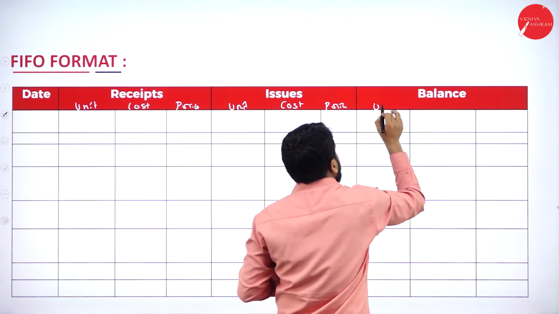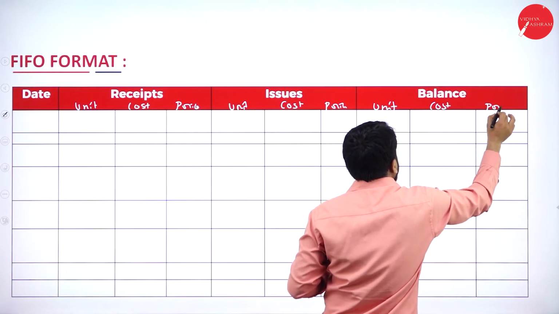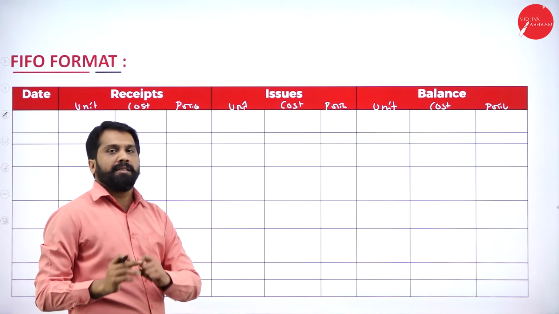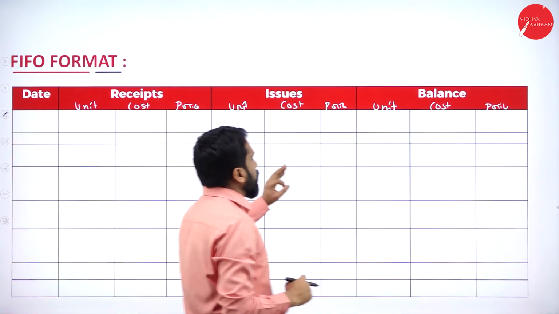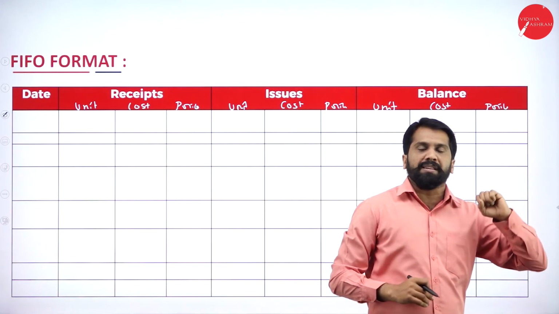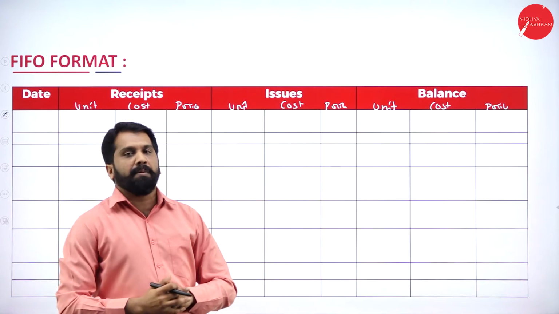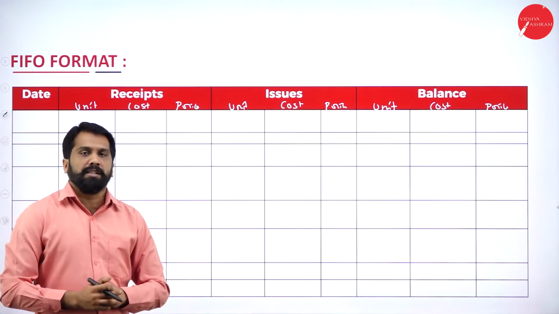Now similarly, unit, cost, price. Up to this, hope there is no doubt. Clear? Yes, very good. Now you are familiar with the format. Now if you are familiar with the format, what is the next procedure? We'll go for your solution.